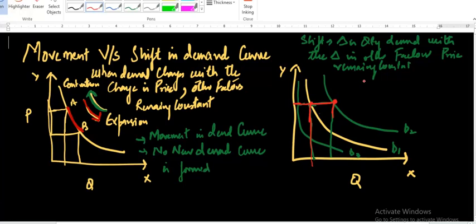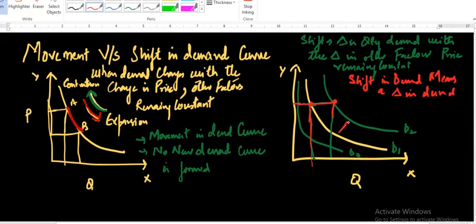Now the interesting feature is that a shift in the demand curve means a change in the demand curve. So a new demand curve is formed.